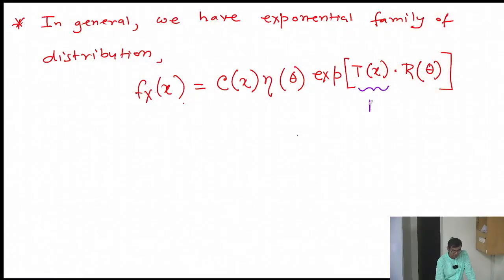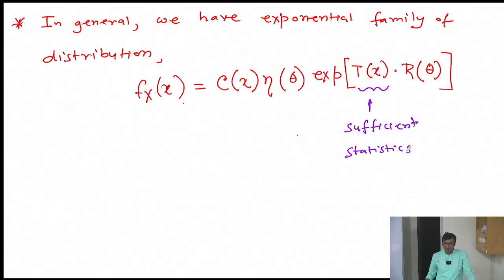Theta are the parameters. I'll give you one example, but before that, let me write something. In this there is one interesting factor. This T(x) is known as the sufficient statistics, which means if you know these things, you do not need any x.